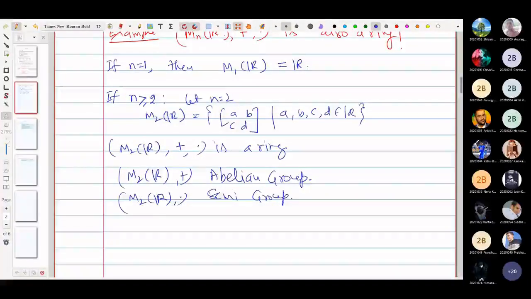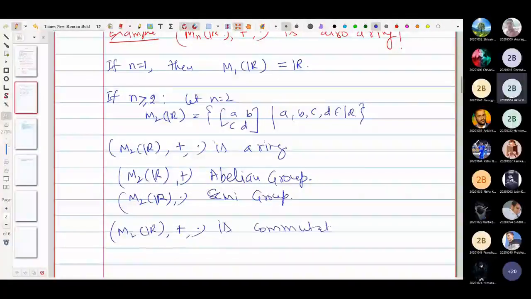The rest you can just remember; these examples may be useful. But why have I quoted this example? Can you tell something about whether this M2R, plus, dot, is commutative or not?